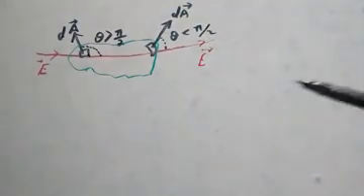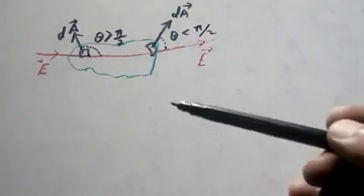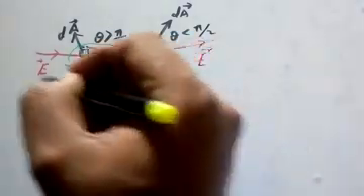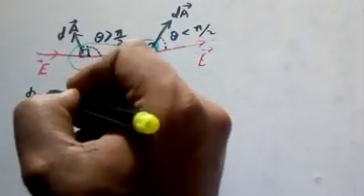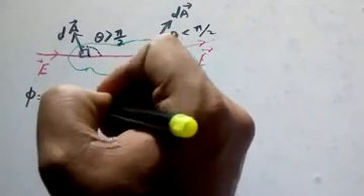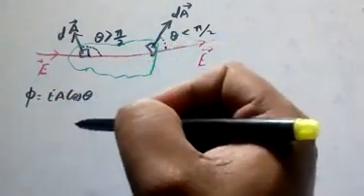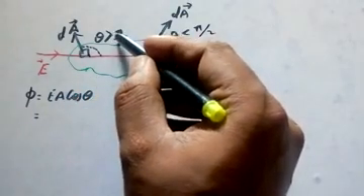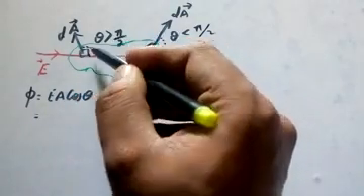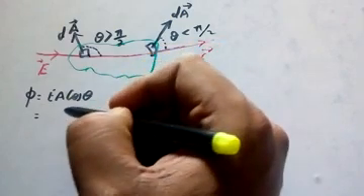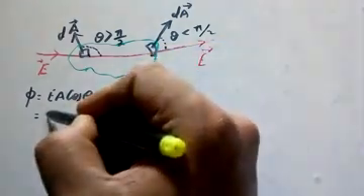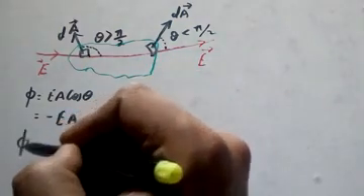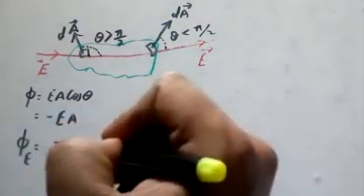Now we must know whether the flux will be positive or negative. Let me take the first case on this side. We have the formula phi is equal to EA cos theta. This is just for your understanding only. In this case you can take theta as 180. Cos 180 is minus 1, so we get minus EA. So the electric flux in this case is negative.